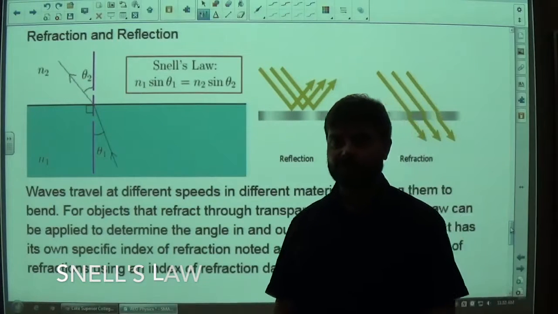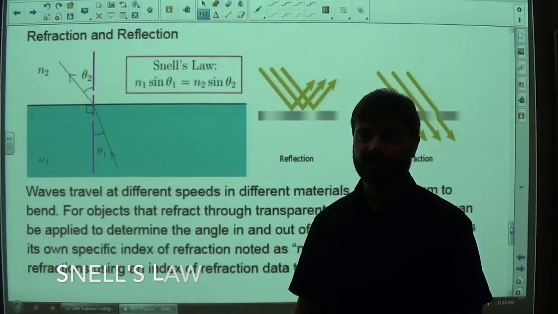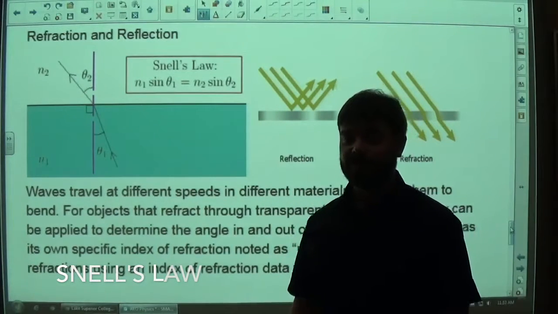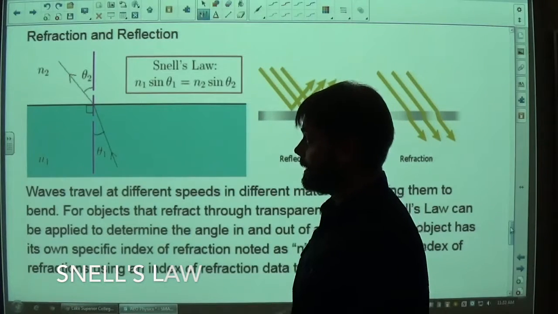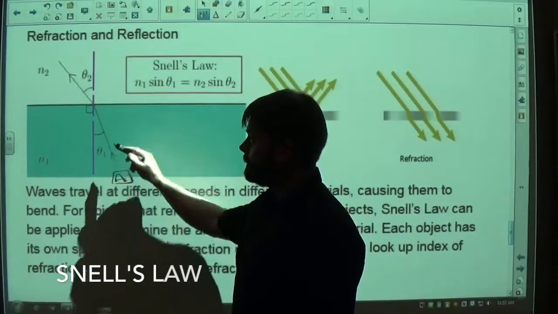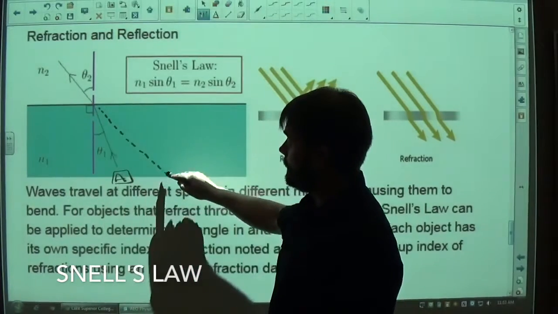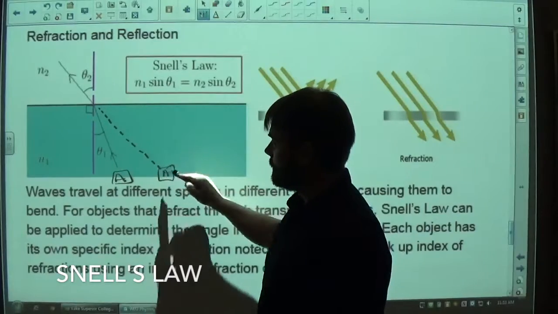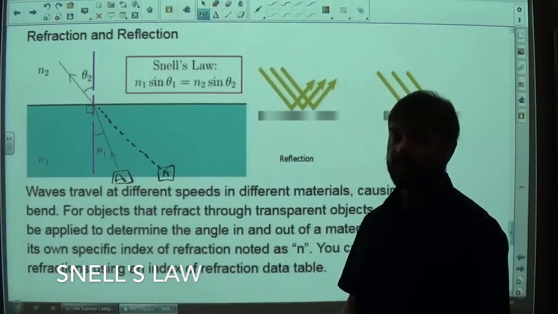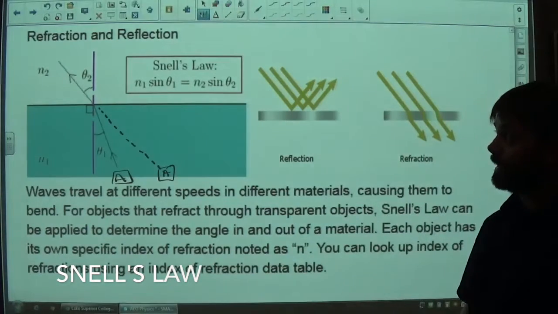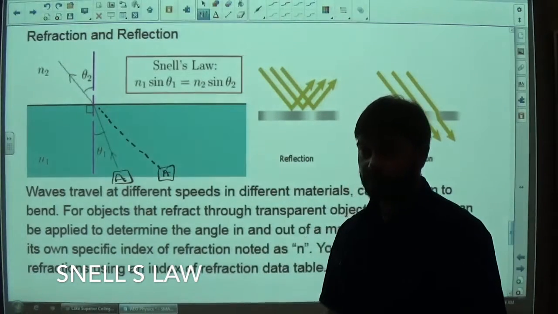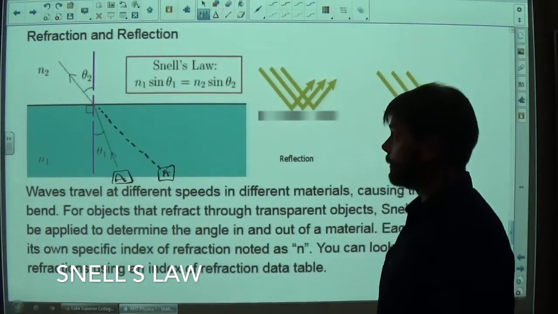So if you've ever tried to look inside a bucket of water and touch an object beneath the surface, you get a very skewed perspective on where the object really is. For example, if there was an object located right here, you would actually envision the object to be located right here, because the light coming out would bend as it speeds up going through the air, which has a lower index of refraction, and your view makes the image appear to be out further than it is. It's actually more down or underneath the surface than normal.